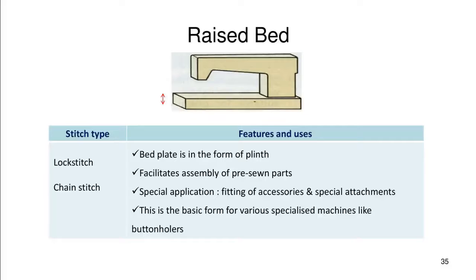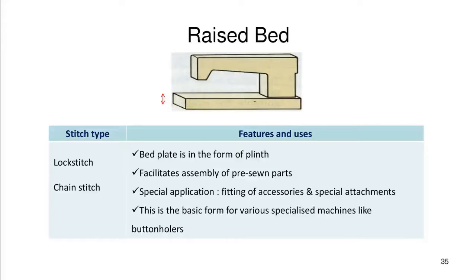Slide number 35 is raised bed, very rarely used, and the stitch type is again lock stitch and chain stitch. Rarely used, mostly used by very specialized apparel manufacturers. And in this case, the bed is in the form of a plinth, as in the bed is not thin, it is thick.